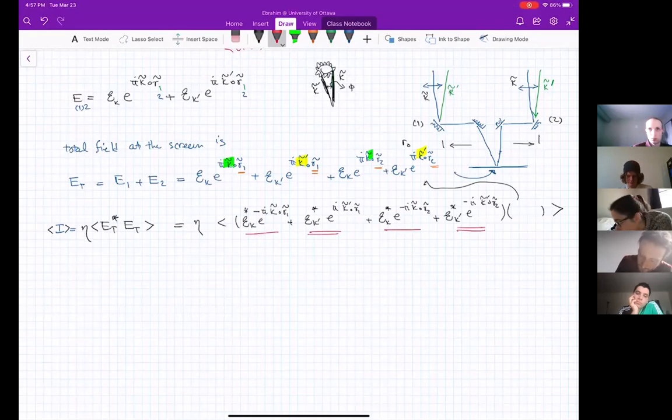But I do have 16 terms. I know that the light that is coming from K and the light that is coming from K prime are completely independent sources. True? So the time average on the two will be 0. Do you know what I mean?